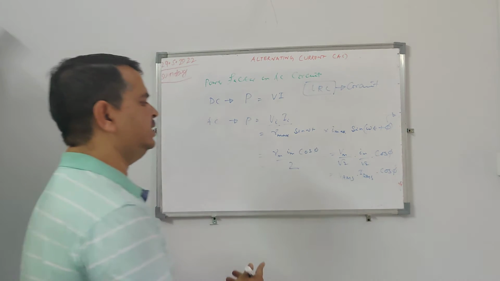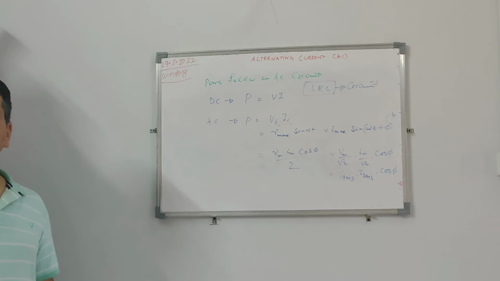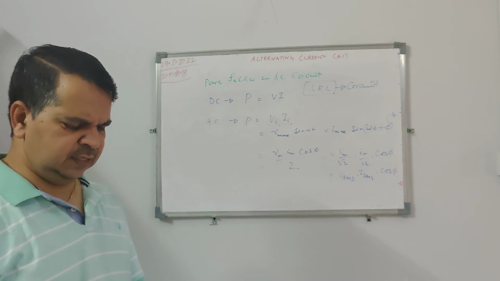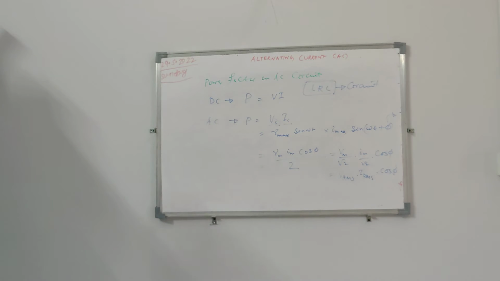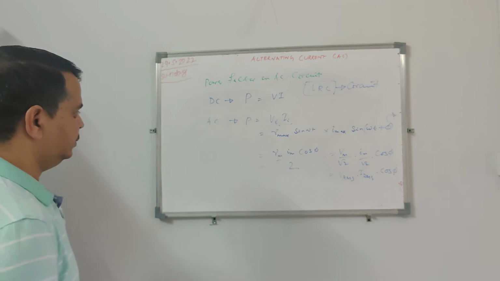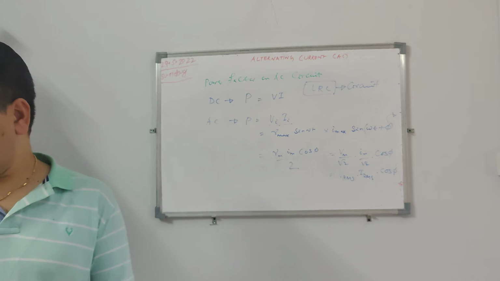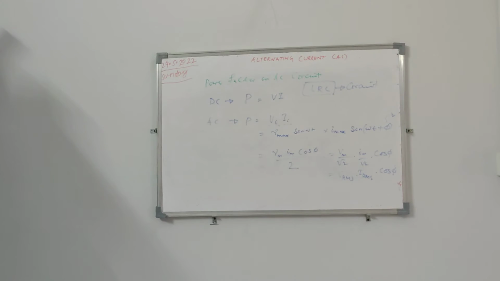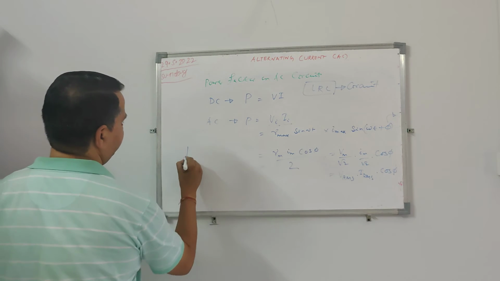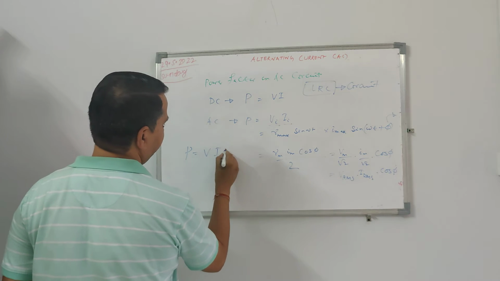This is the equation for power consumed in an AC circuit. It is nothing but V I cos phi, where V and I are RMS values. So your power is equal to V I cos phi.